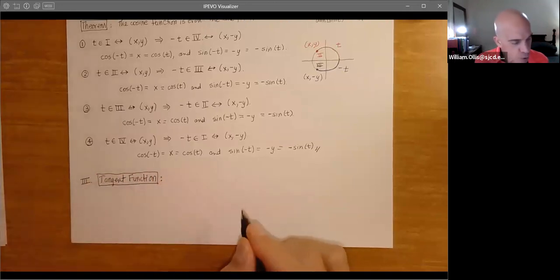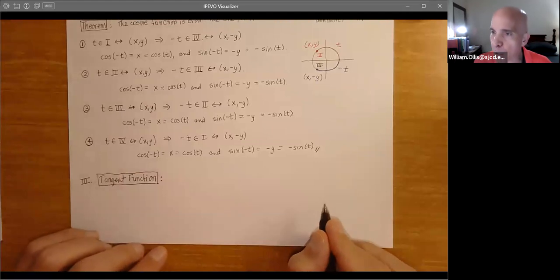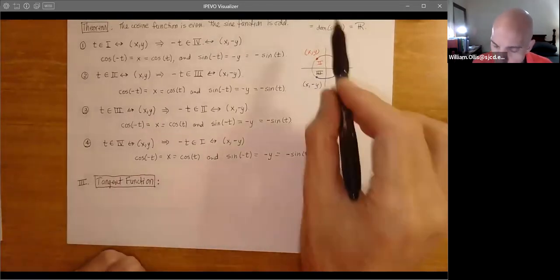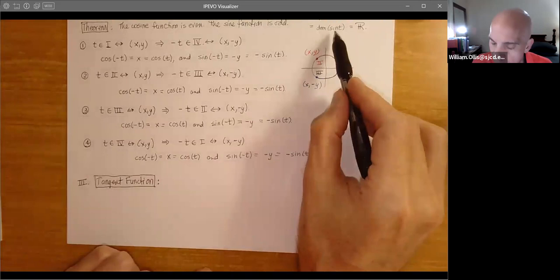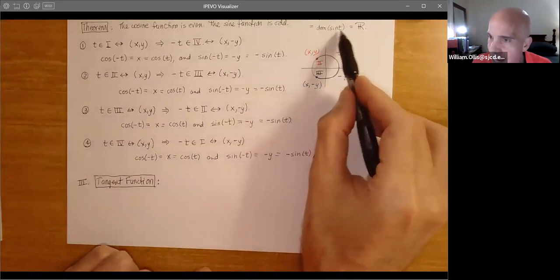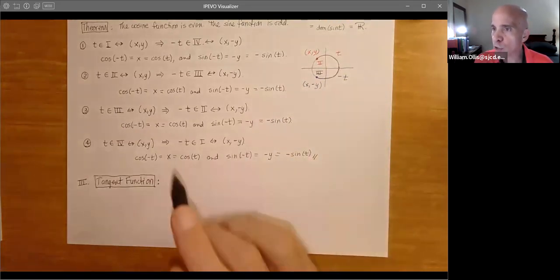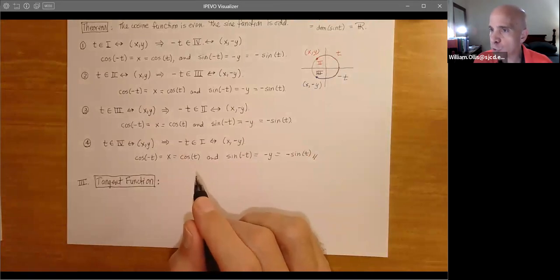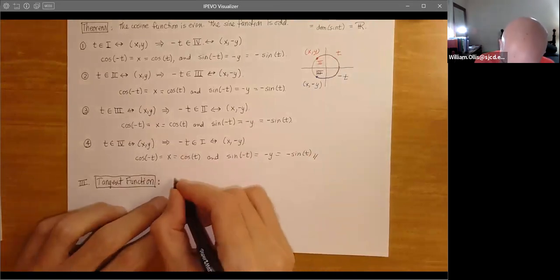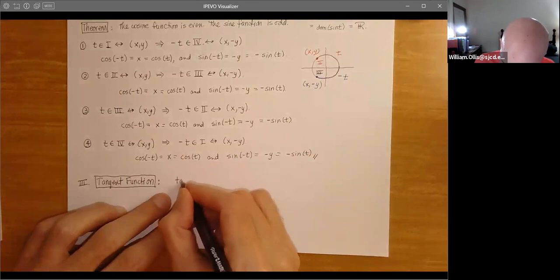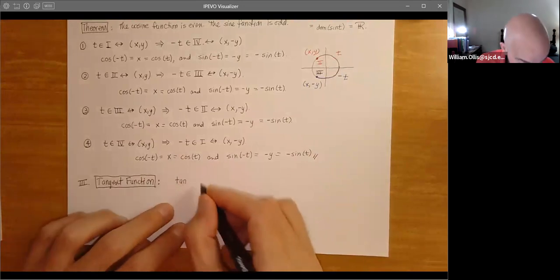Now, we have a special abbreviation for this. For instance, for cosine, we do cos, and for sine t, we just do sin t, just because we're lazy, but again, it's convention. So we say tangent, we just do tan of t.